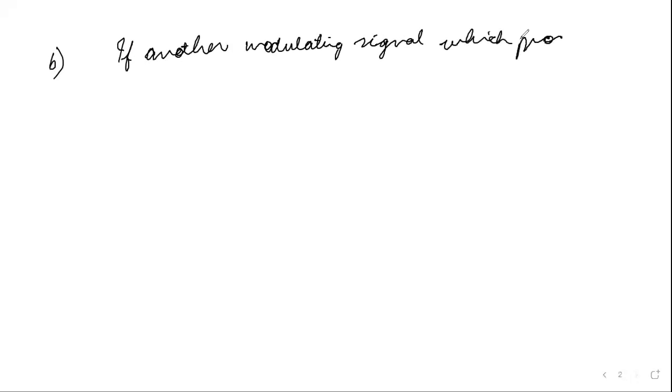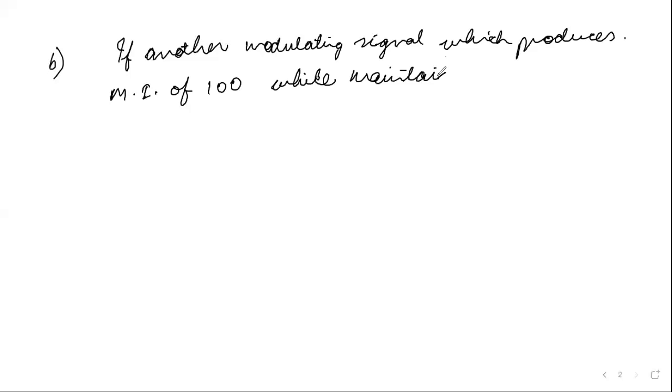The B part is, if another modulating signal which produces modulation index of 100 while maintaining the same deviation.